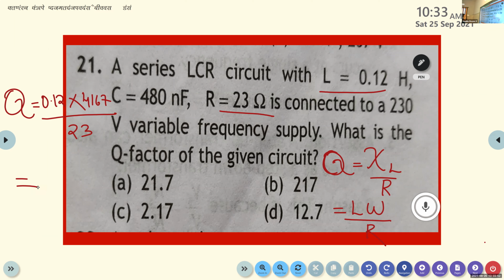So when you multiply 0.12 into 4167, you get 500.04 divided by 23.